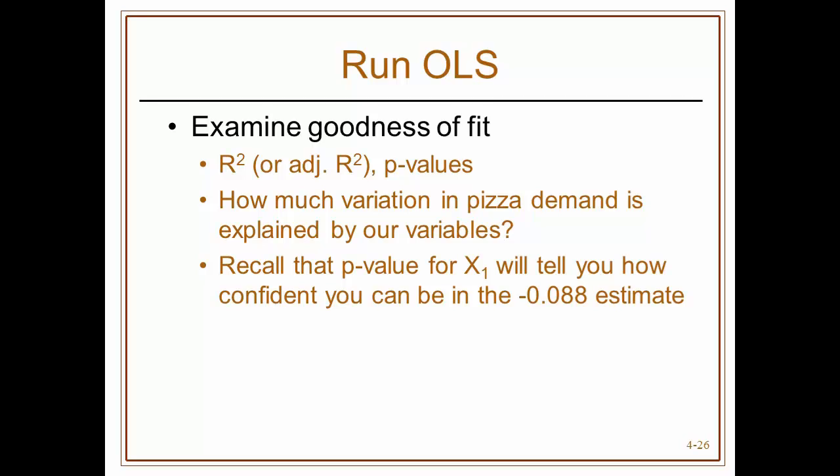So I want to look at the p-value. If I get a p-value that is below 0.1, then I can say there's less than a 10% chance that the relationship between price and demand for pizza is insignificant. So I have a 90% chance that this estimate of negative 0.088 is true, or is close to being true, that there is a relationship between price and quantity demand.